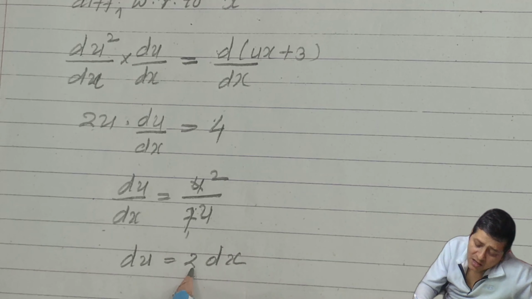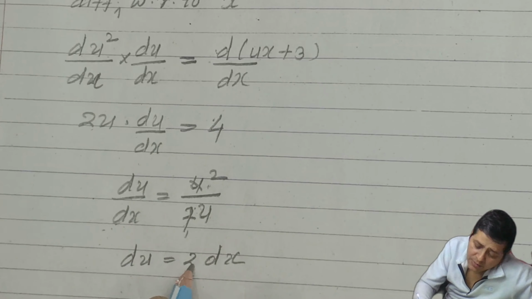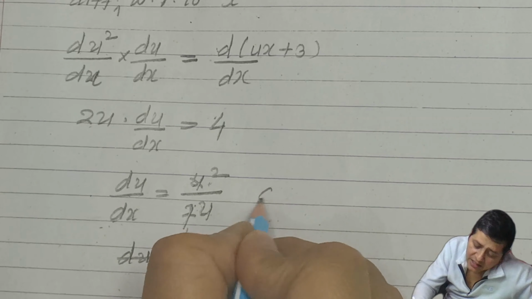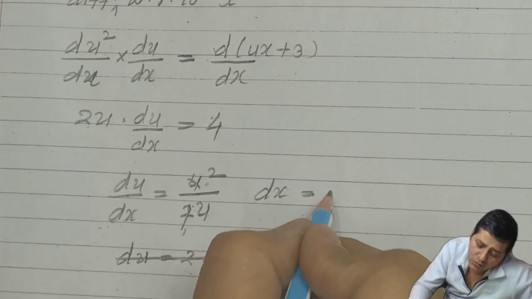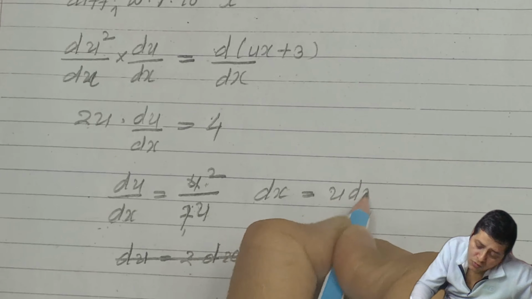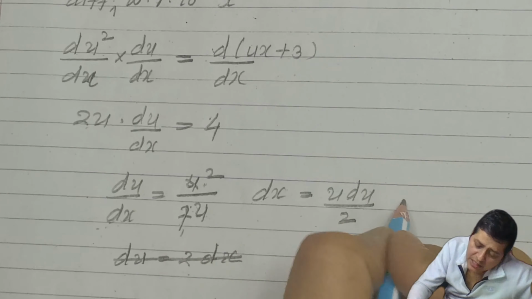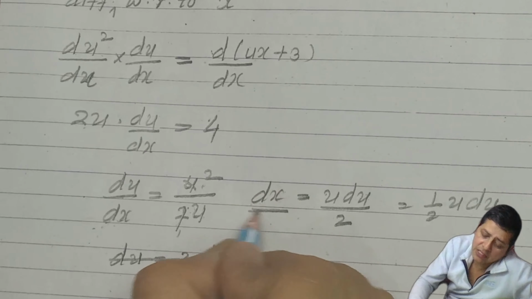But I need dx, so let me rearrange this whole thing. So dx is equal to, this goes down and this goes up, so it becomes u du by 2. So that's what I get, half u du, because I need dx.